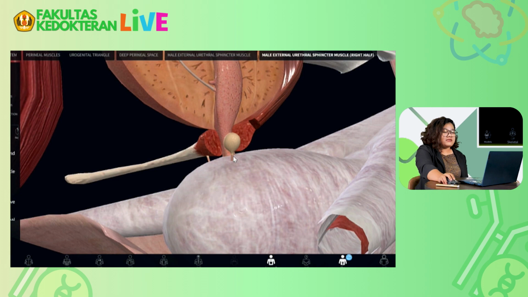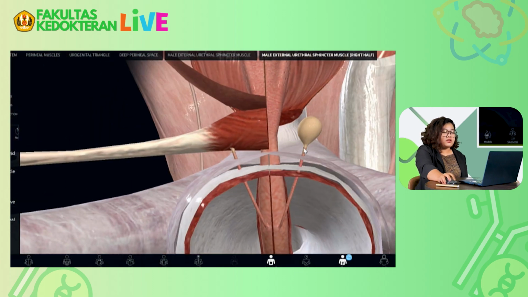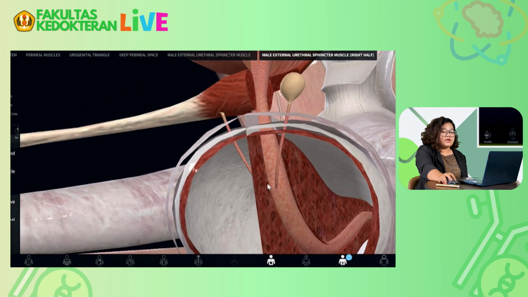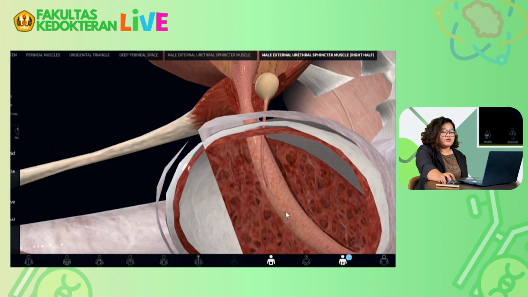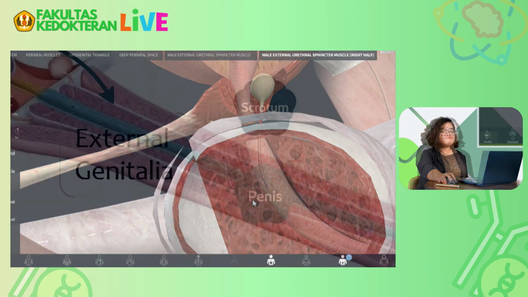You can see this is like a small balloon, and with the stalk is the bulbourethral gland ducts, and it releases or it secretes the mucus-like substance into the spongy urethra. This is the spongy urethra, and this is the ducts of the bulbourethral gland. It's actually longer than it appears.